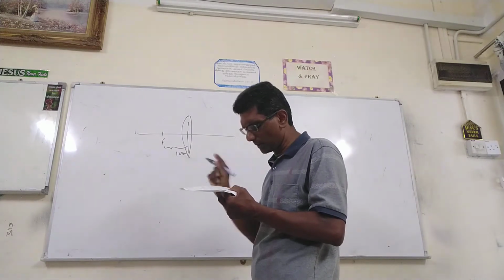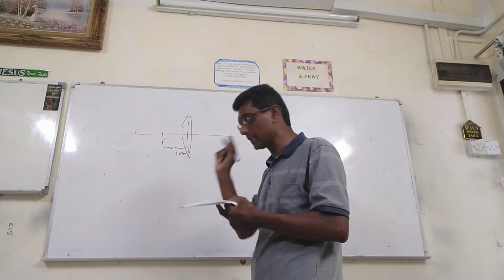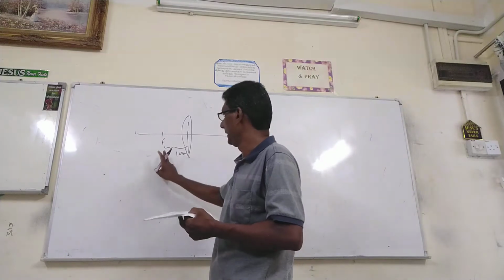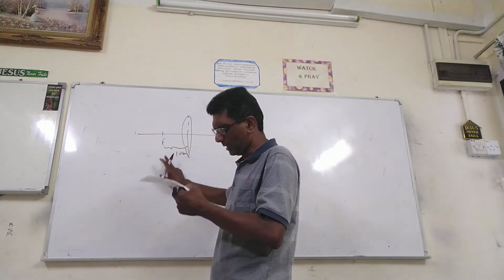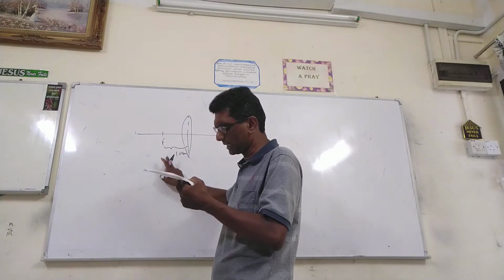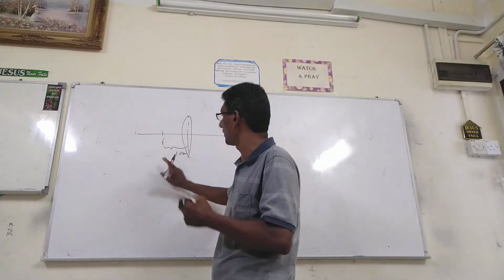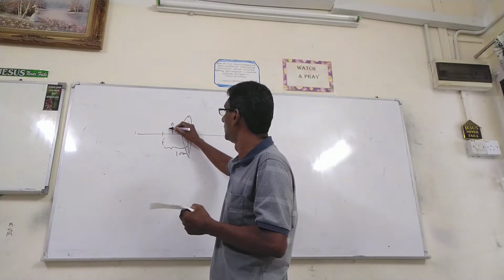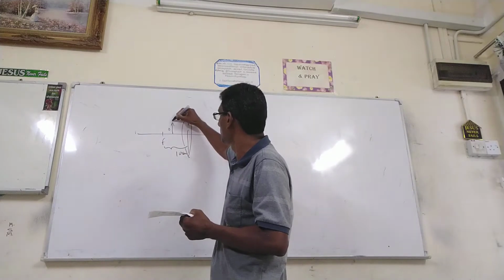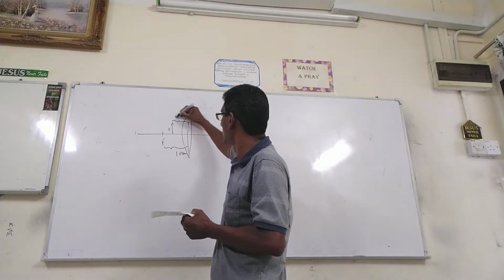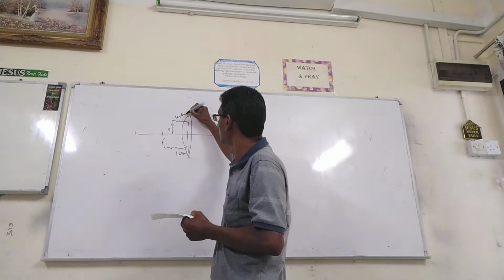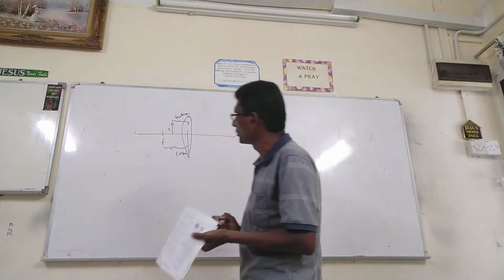Calculate the height of the image. So the focal length is 10 cm, the object is placed at u equals 6 cm.